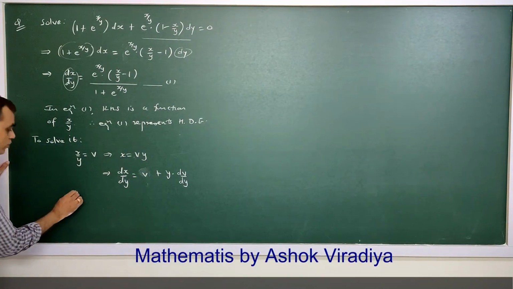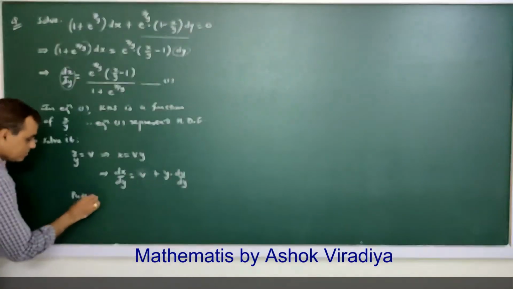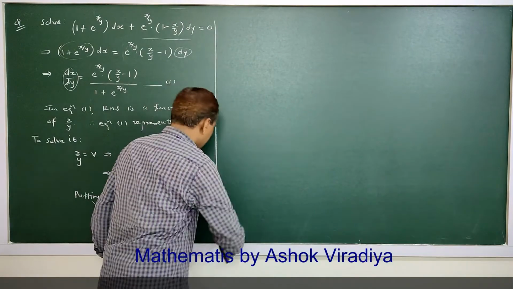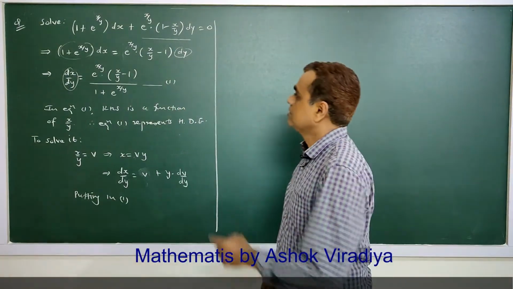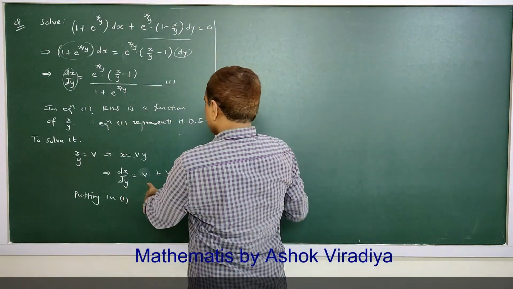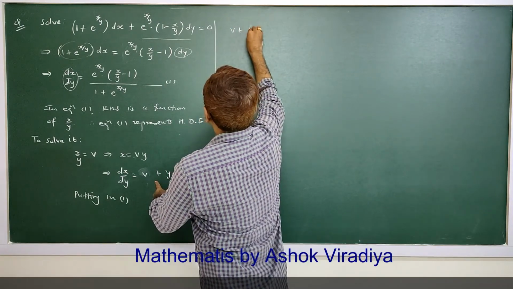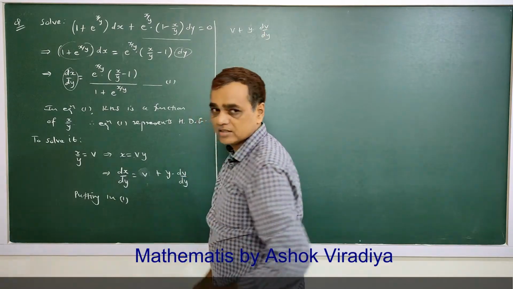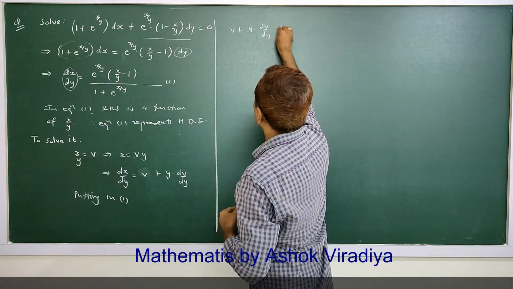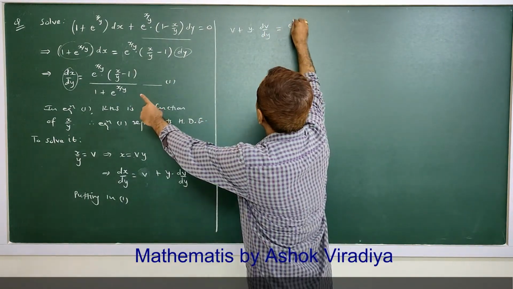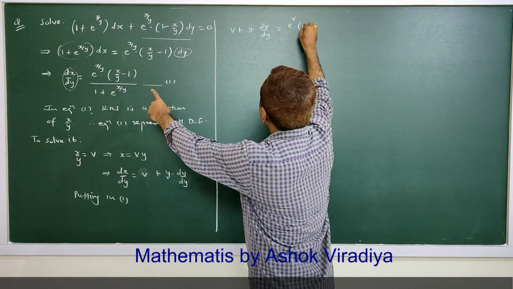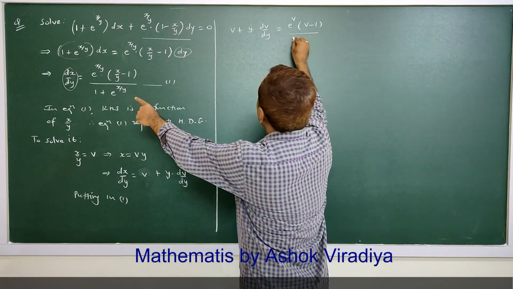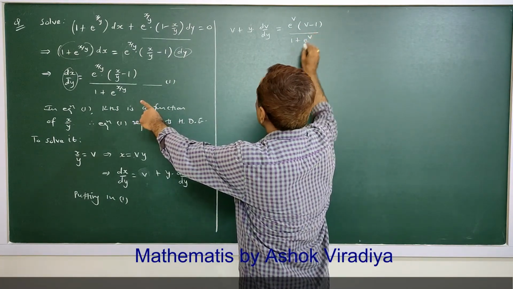So putting these values in 1, we have dx by dy, we keep v plus y into dv by dy equal to e raised to v into v minus 1 upon 1 plus e raised to v.